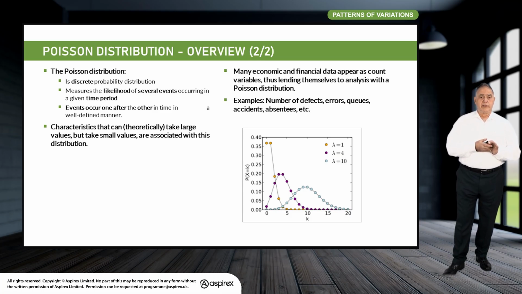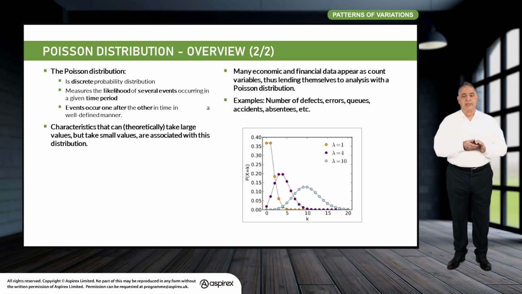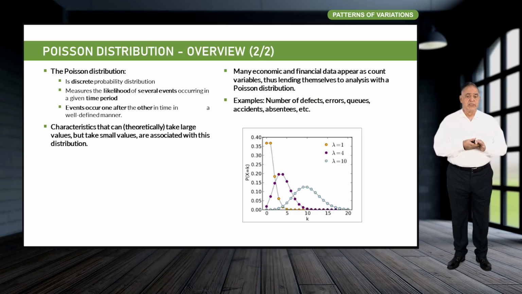If we use an average value of lambda equal to 4, this looks more like the actual Poisson distribution. But if we increase the lambda to 10, the shape of the Poisson distribution is very, very close to the shape of a normal distribution.